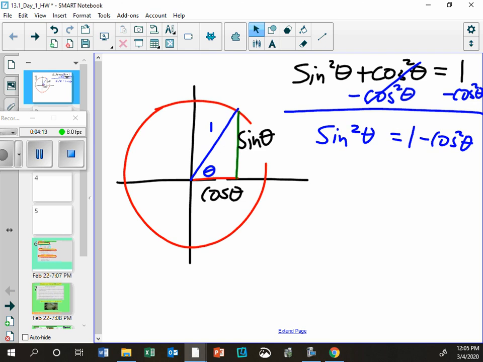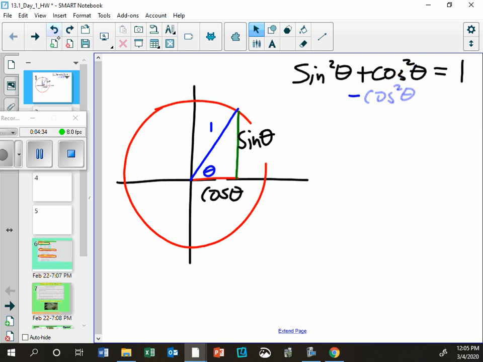It's also true, just a derivative of the first one. Do you get I could have subtracted sine squared from both sides if I wanted to? I could have subtracted 1 from both sides, and that still would have been true. Okay, so that was your first fact.